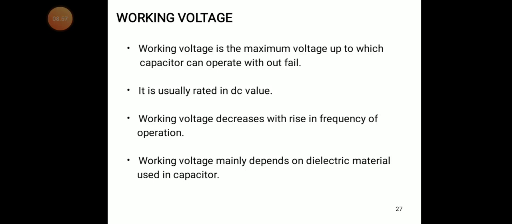What type of dielectric material we are using affects the working voltage. So once again, working voltage is the maximum voltage up to which the capacitor can operate without fail.